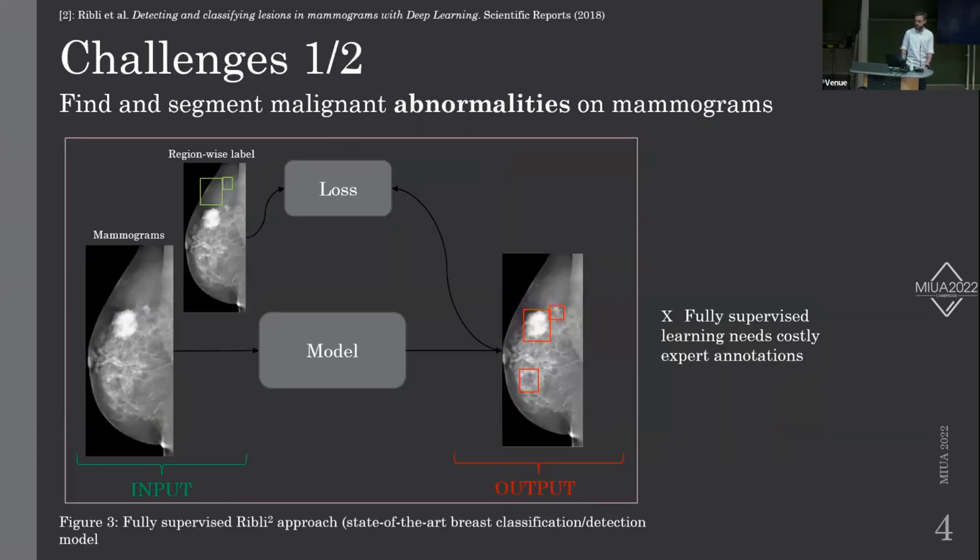This is an example of one of the state-of-the-art methods in mammography classification, where they do region-wise classification and require region-wise delineation as input of the model, which, as said previously, is not part of the clinical protocol, and is very time-consuming for experts.